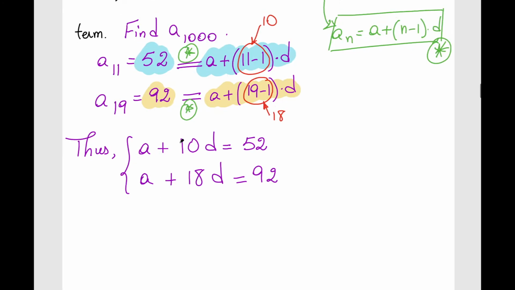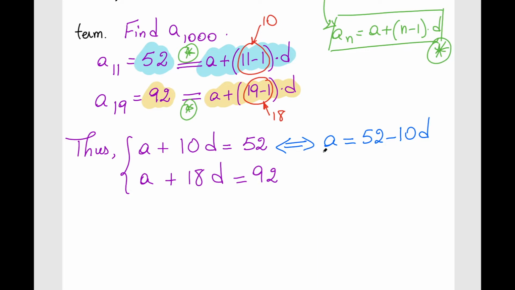How about we solve for a in the first equation and replace that expression of a in the second equation. That first equation is equivalent to saying that a is 52 minus 10d, correct?